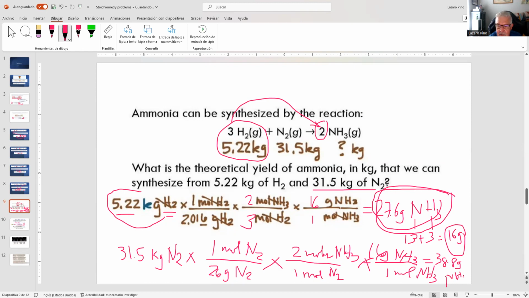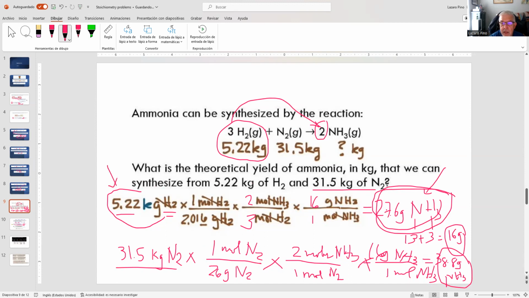What is the next step? Well, the next step is to compare how much you can produce from nitrogen and how much you can produce from hydrogen. As you can see, you can produce less ammonia from this amount of hydrogen.